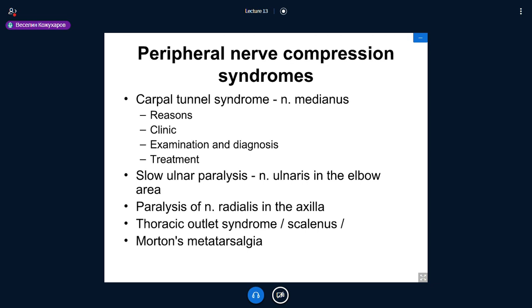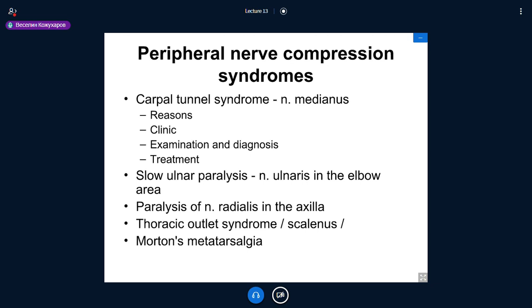It's usually 5 to 6 centimeters above the medial epicondyle of the humerus. We call this Struthers' fibers, which could compress the ulnar nerve.